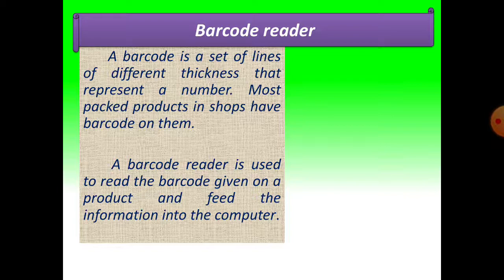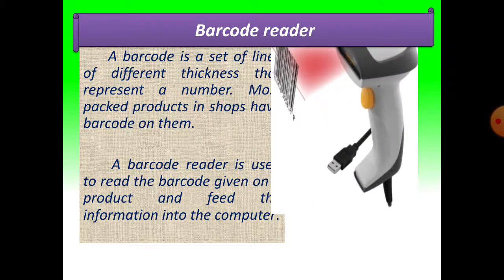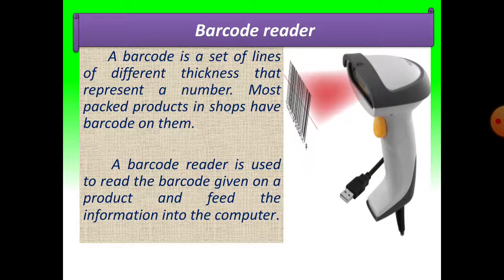A barcode reader is used to read the barcode given on a product and feed the information into the computer. And this picture shows a barcode and a barcode reader. Those lines are barcode, and this machine or instrument is called barcode reader.